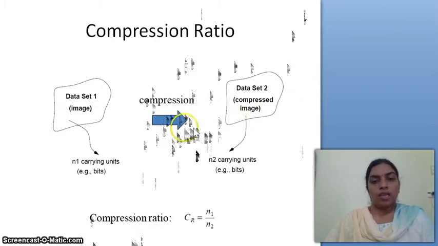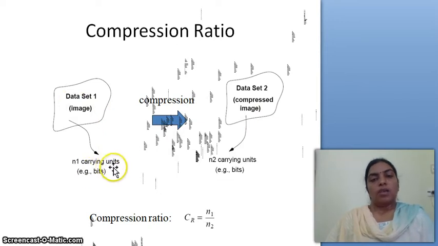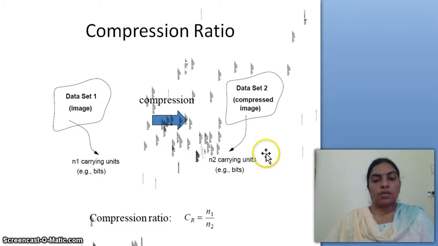Obviously, the compressed image contains fewer bits when compared with this one. Let this one carry n1 bits and the other n2 bits. Now what is the compression ratio? It is denoted as CR, that is equal to n1 by n2.